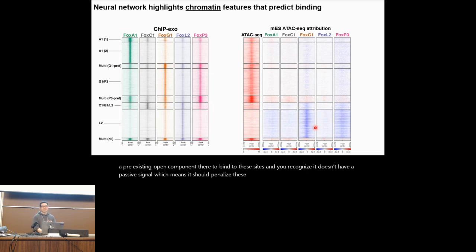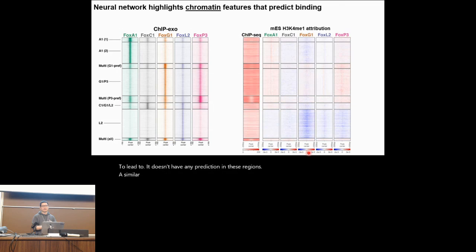So the prediction by the sequence plus chromatin model ends up having no prediction in these regions. We can observe similar behavior on H3K4 monomethylation and several other active chromatin marks. So this tells us the pre-existing chromatin is definitely very helpful to predict transcription factor binding.